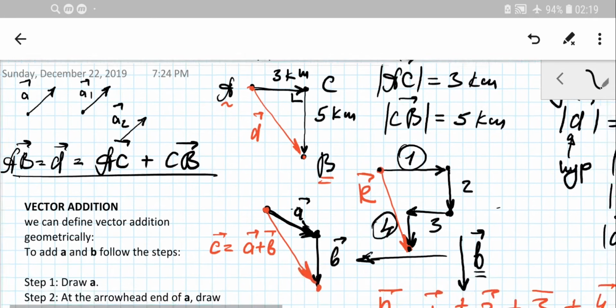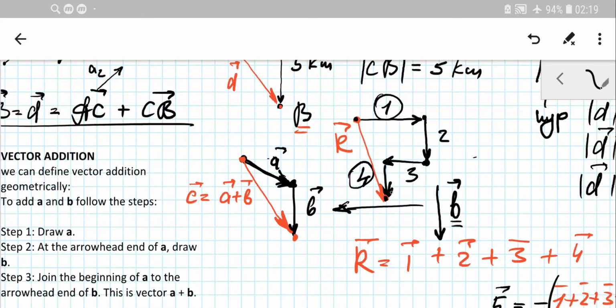So what if you have several vectors in a row? You set them up in a chain. This is basically the general direction of how a snake, for example, moves and creeps. The resultant vector is going to be from the very starting position of the very first vector up to the ending position of the very last vector.